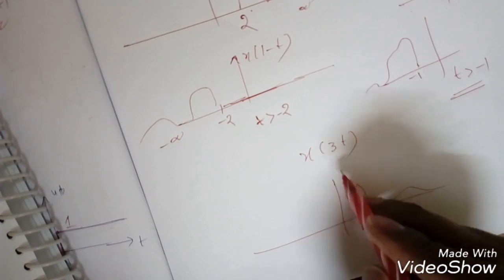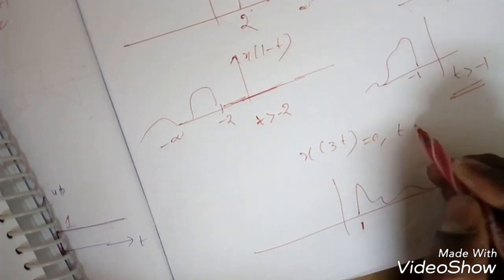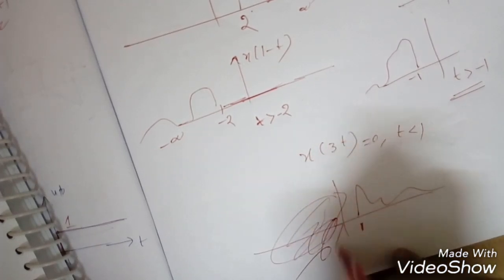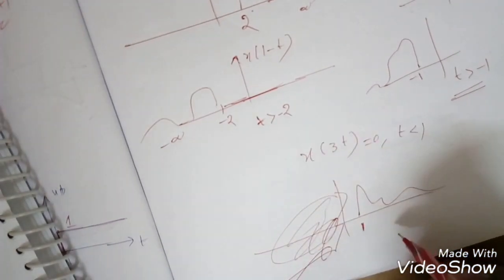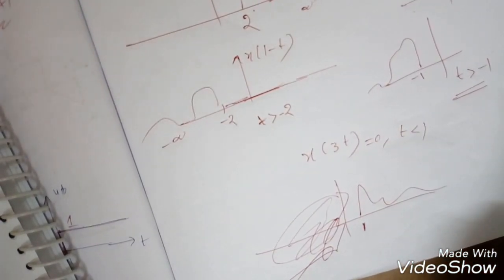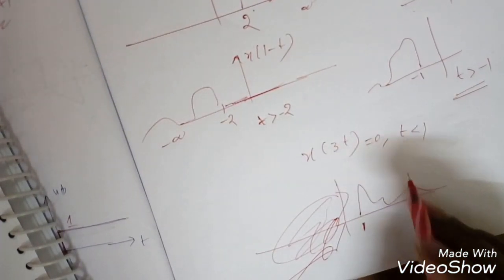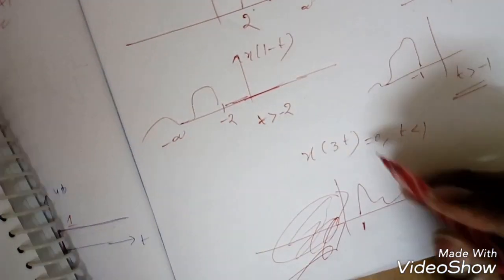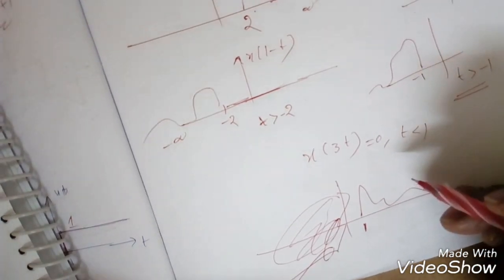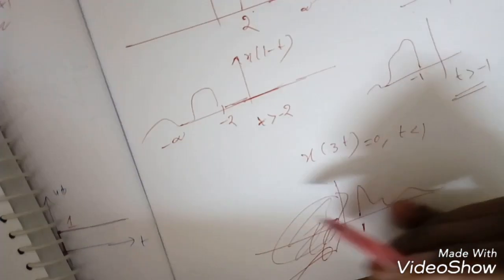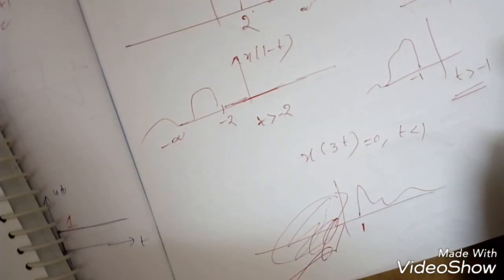That means x of 3t will be 0 for t less than 1, that is in this region the signal is 0, right? The remaining problem you do yourself. So this is about operations on different signals. You can verify in any textbooks, take different problems, and do at least 10 more problems to be familiar with these operations on different signals, right?